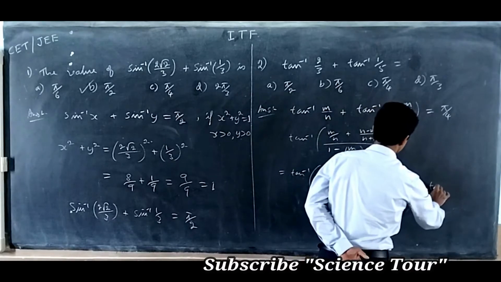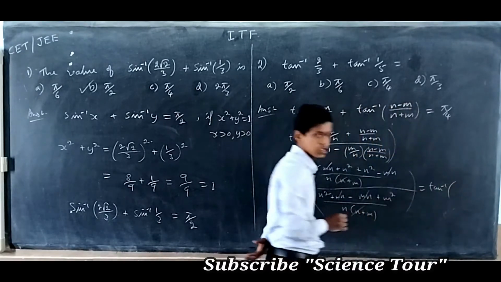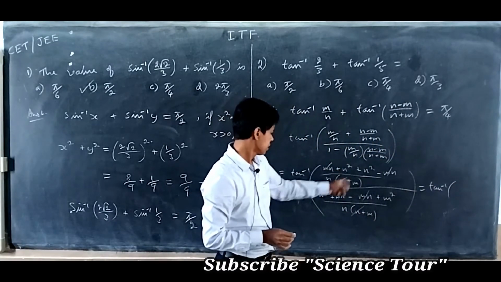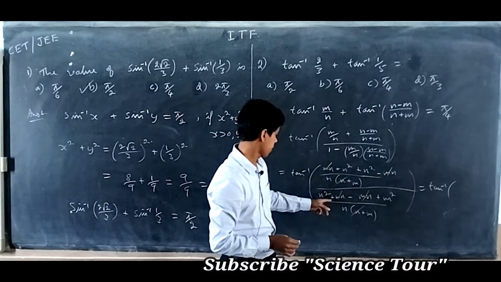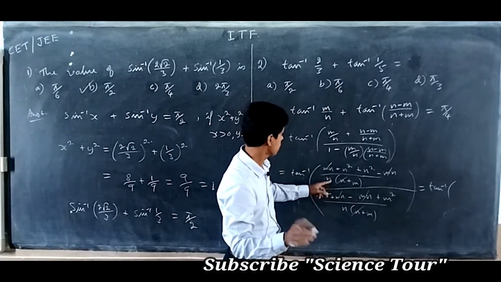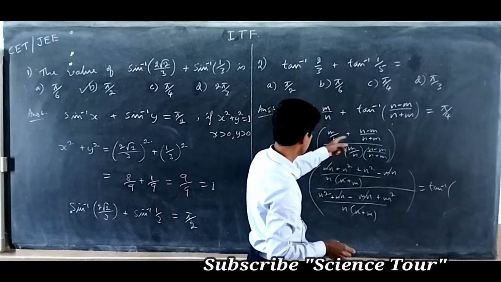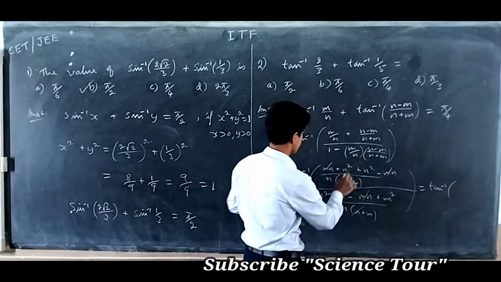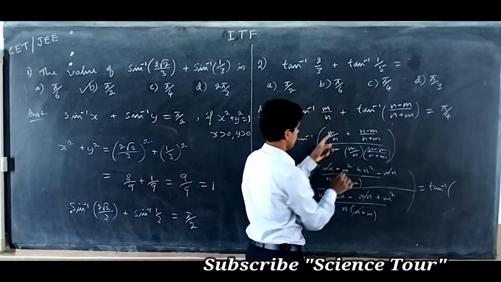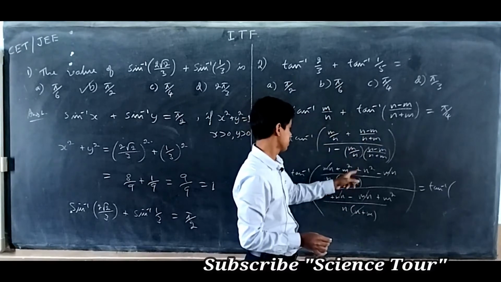So what remains is tan inverse of, what did I miss? See, m square it is. Correct. So mn and m square, I am sorry.